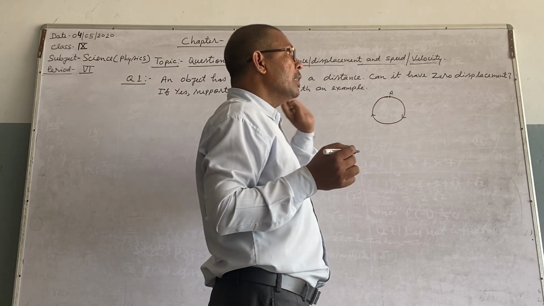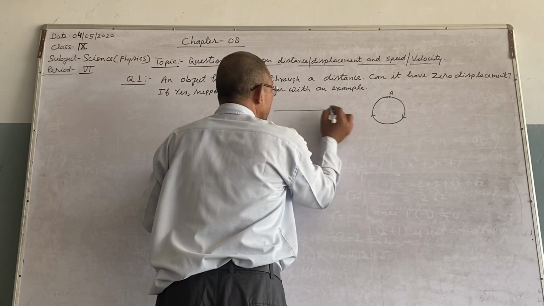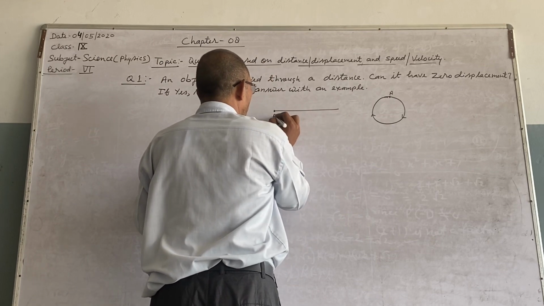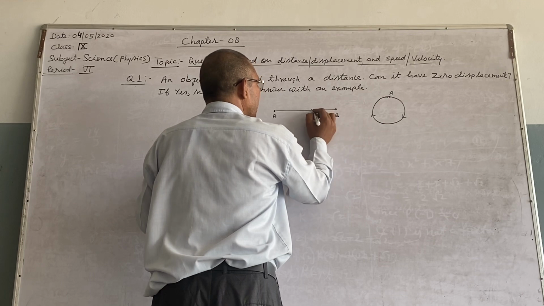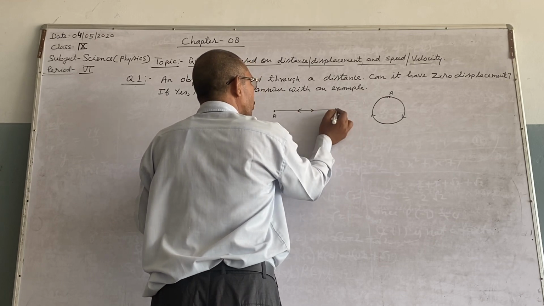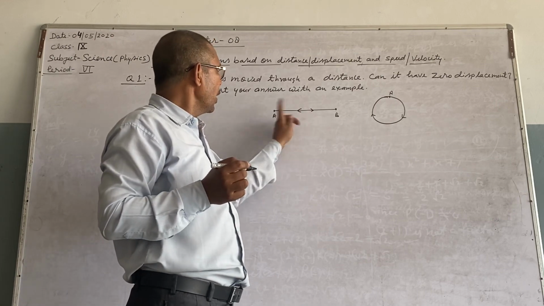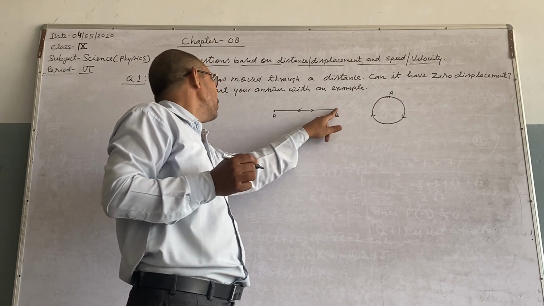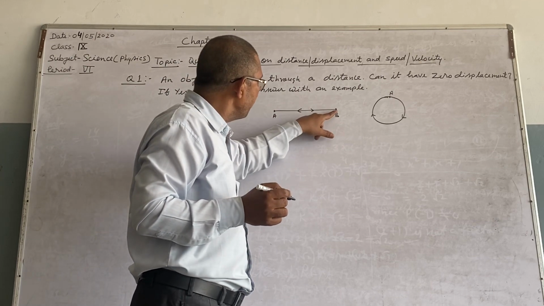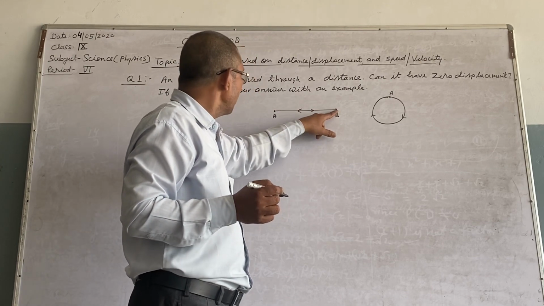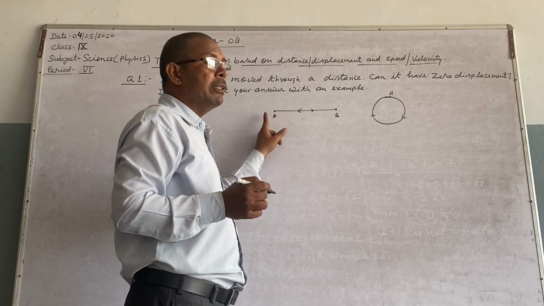In the same way, if an object moves on a straight path from point A to point B and then it again comes to point A, firstly it goes to point B from A and then it comes again to point A. At point A, what will be its distance?